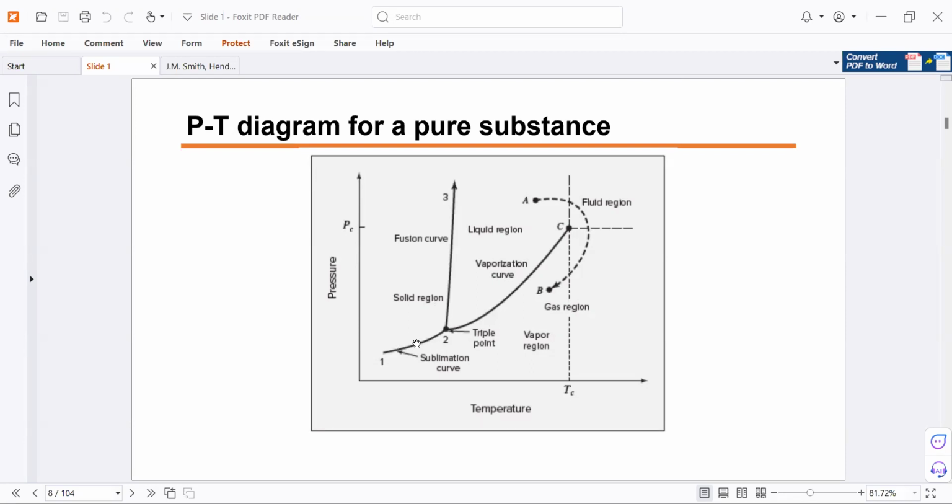It means that the substance is in equilibrium between a solid and a vapor. Just fixing one property, say the temperature, automatically gives you the pressure. So you don't have any choice anymore. If you fix the temperature, automatically pressure is also fixed.